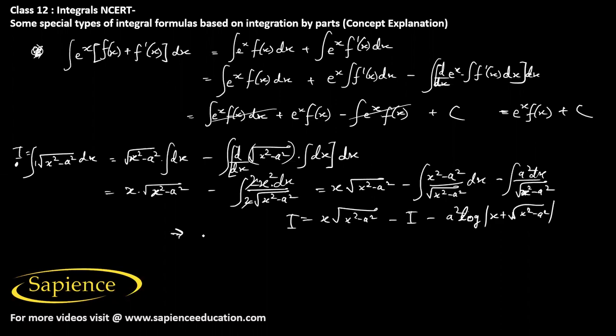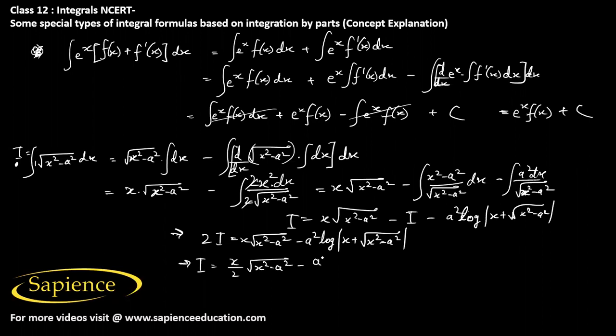So therefore I can write 2I equal to x square root of x square minus a square, then minus a square log mod x plus square root of x square minus a square. So this I will be equal to x by 2 square root of x square minus a square minus a square by 2 log mod x plus square root of x square minus a square plus c.